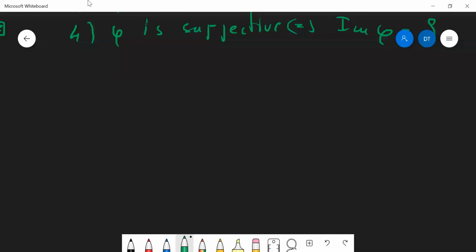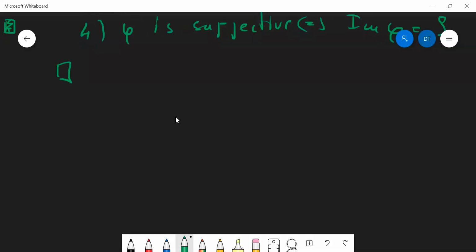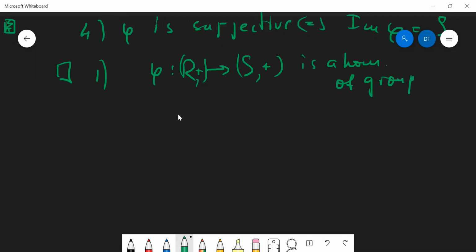What do we need to check? Let's start with the first property. We want to check that the kernel is the ideal. But we know that if we consider R with addition and S with addition, our map phi is a homomorphism of groups. That was part of the definition: it must preserve the addition.